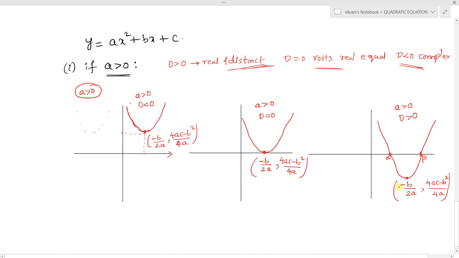From all these graphs we can conclude that the vertical axis is our function f of x, the y values.